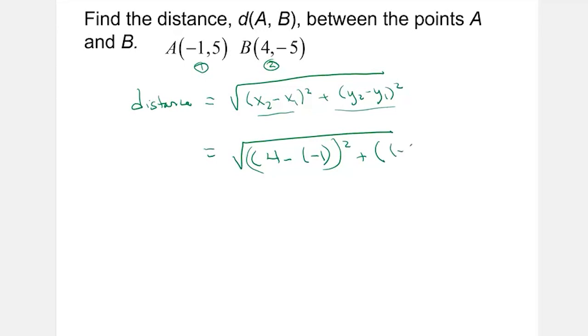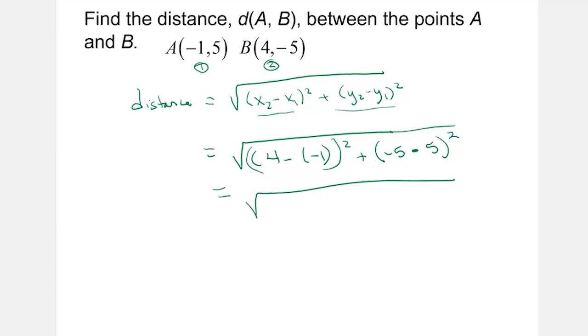So y2 is -5. Let me do that. Sorry. So this is -5 minus, and y1 is +5. So I'm going to just put a +5 in there. I square it. This is equal to the square root.